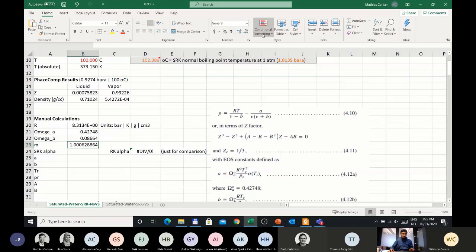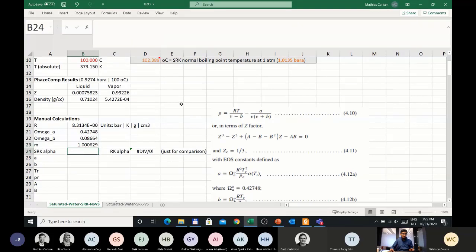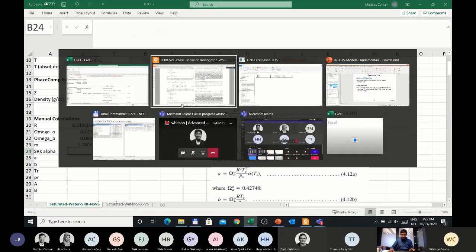So that's good. So that's the value of m, and then we can calculate the alpha value from the SRK, which is this number here.